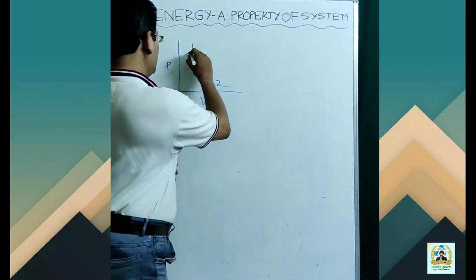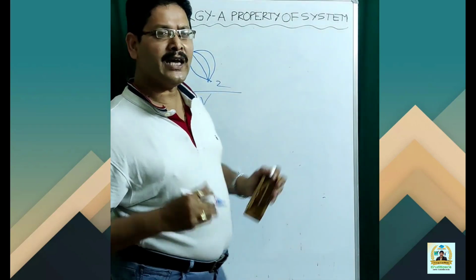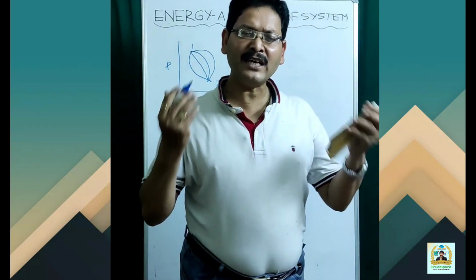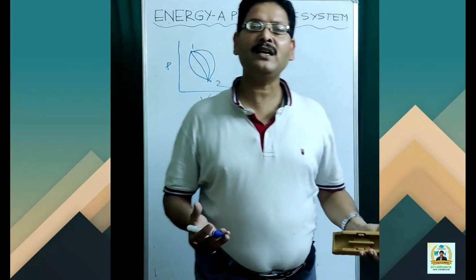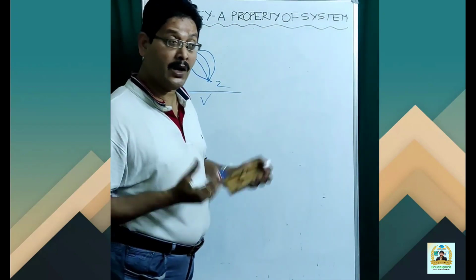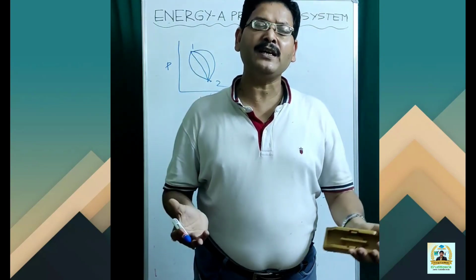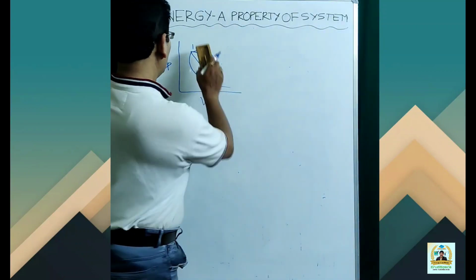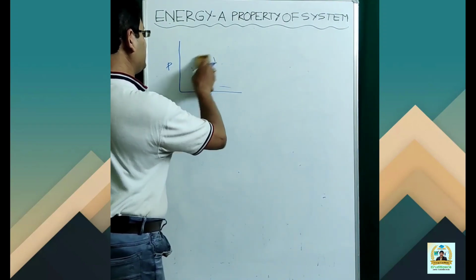You can follow any path, but as far as the change of pressure is concerned, it only depends upon the initial and final points. The same is about volume also. Point function means it represents property, and properties are point functions. Now, we will prove that energy is a property of the system.